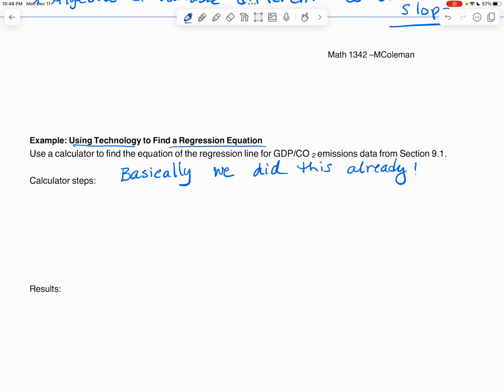So y equals 199.535x plus 56.036. Remembering that this is the slope. This is your y-intercept.